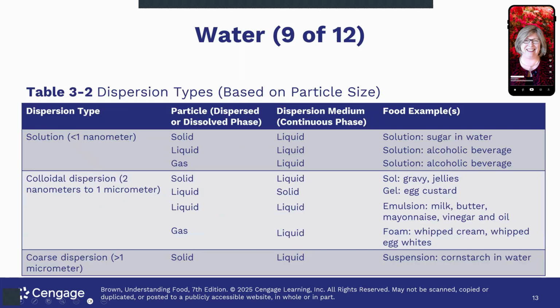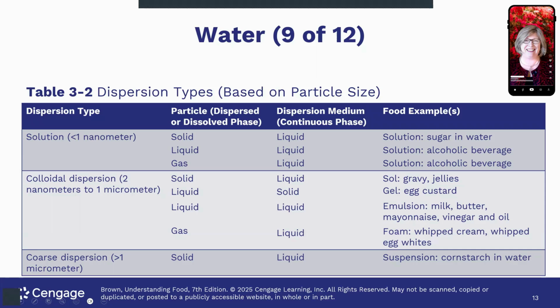Table 3-2 talks about the different types of dispersion. So you have a solution when the solute is small enough, like sugar and water. Think of making iced tea with sugar, sweetened iced tea. Another example is alcoholic beverages, when you're mixing solutions.